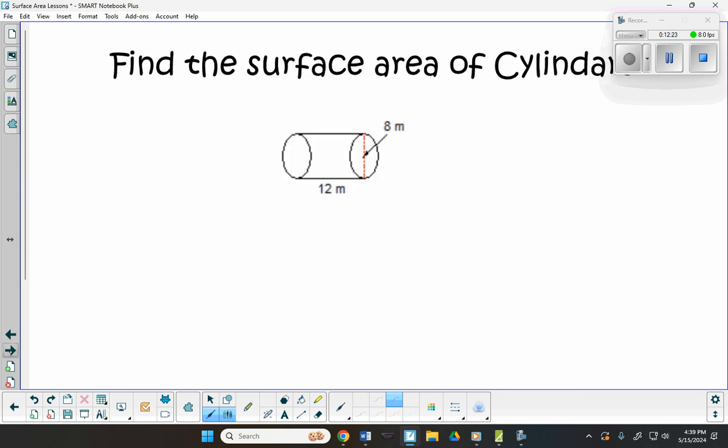All right, here again, find the surface area. So it is 2 pi r squared plus 2 pi r h. So write your formula. Now the only thing you have to watch right here is the radius. Now they give us 8, but 8 is the entire diameter. So the radius is half of that. So r equals 4.